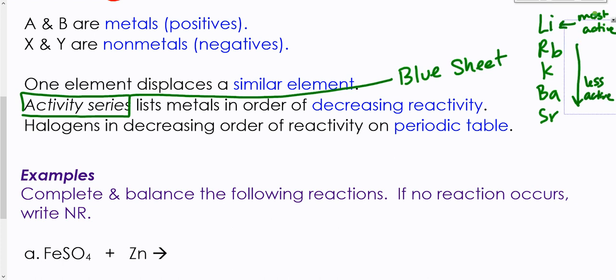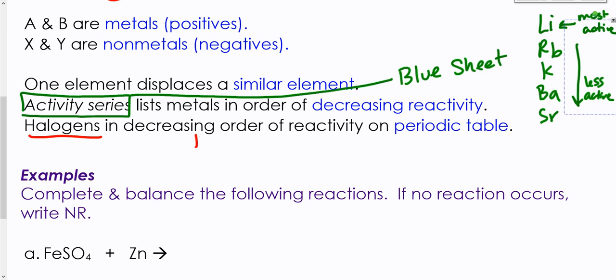An element on here can replace any element below it, any element that is less active. So lithium can replace any element. However, strontium, for example, cannot replace barium, potassium, rubidium, or lithium. So these are your metals on the activity series. The halogens are also in decreasing order, the same kind of list, in the order they are on the periodic table.